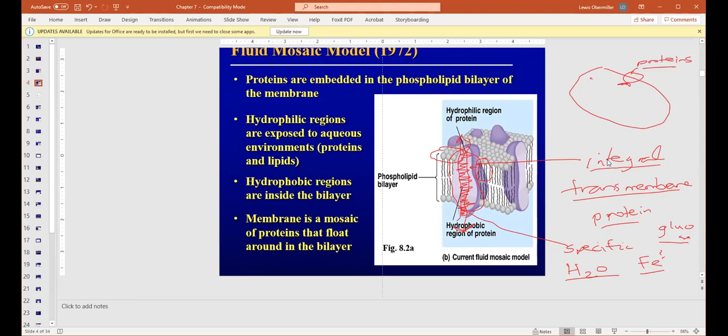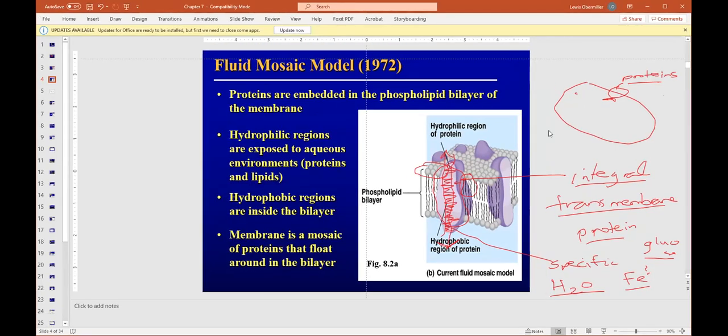Even though you guys know that you go outside and you're exposed to different temperatures and different elements and stuff like that, if your phospholipid bilayer wasn't able to react to the environment, you would be dead as soon as you stepped outside if it was a different temperature than your body temperature. So thank goodness we have the ability to actually modify the fluidity of our membranes in order to make sure that they stay at consistent fluidity.